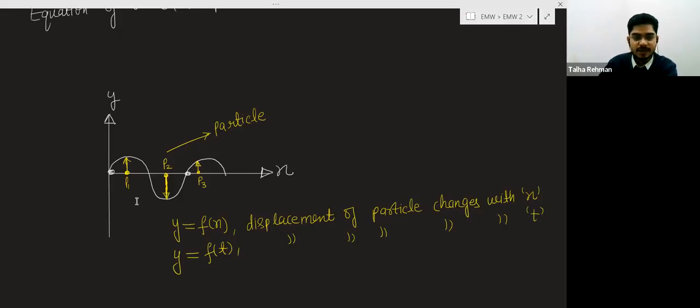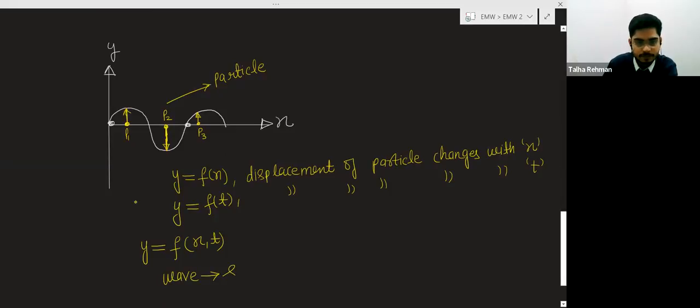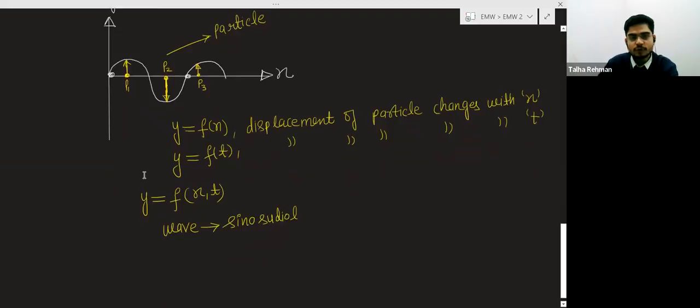So the displacement of the particle in a wave is a function of x and time, and this wave is a sinusoidal wave.